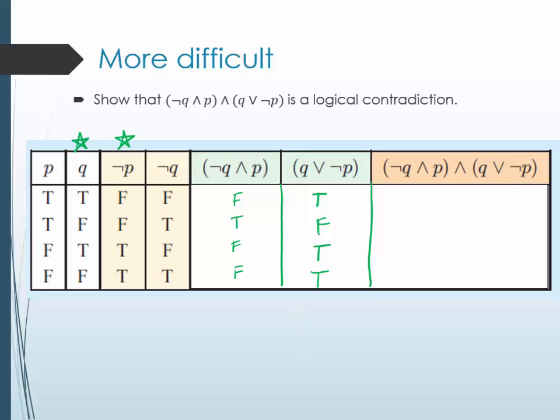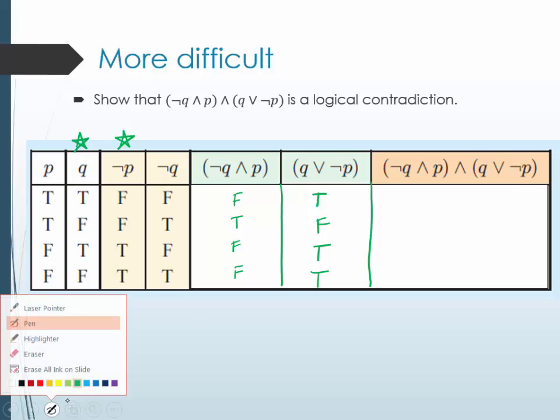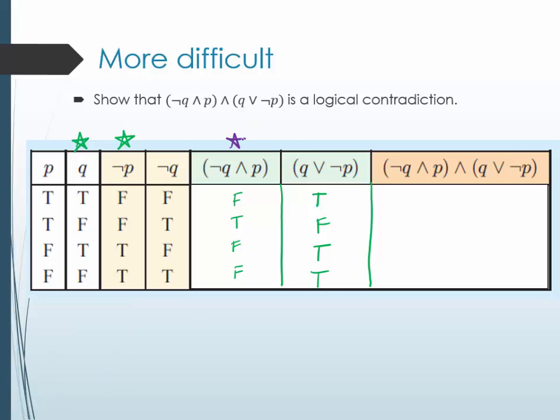So now what we're going to do is we're going to figure out the intersection of those two columns. So I'll do this in another color. How about purple? Does that make sense what I'm doing here? Okay, I looked at these two columns for this, and now I'm looking at these two columns to get my answer for this. And the intersection of this and this has to be double truths. And I see false, false, false, false. Okay?